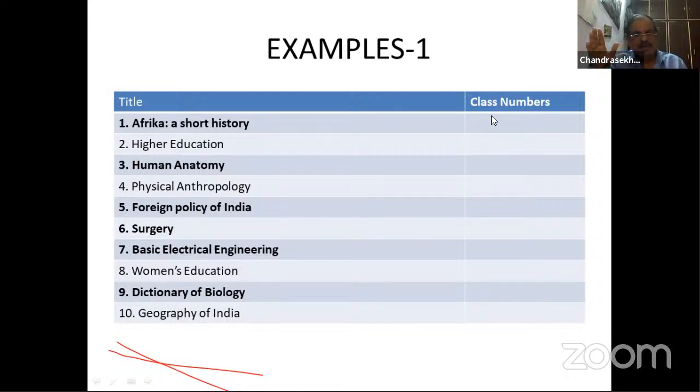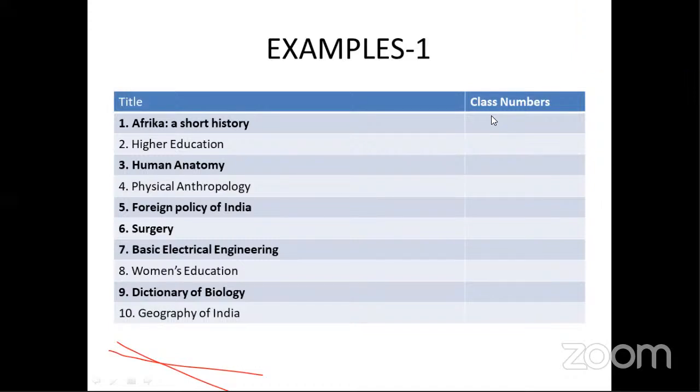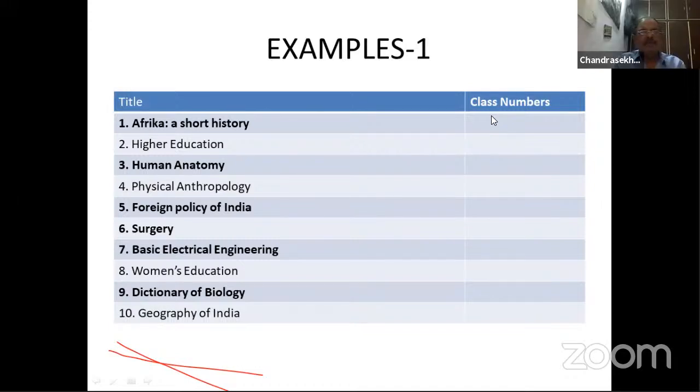For general subject dictionaries, you have to bring 03 from Table 1, standard subdivisions. For encyclopedia, 03. For dictionary also, 03. For both things, we use 03.